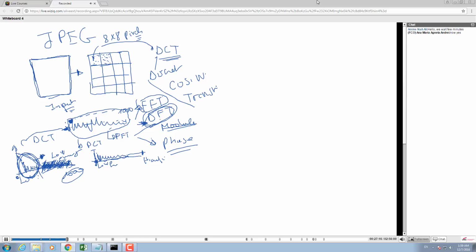So instead of dealing with 1,000 samples, we will keep maybe just 100 samples. If you keep 100 samples instead of 1,000, what does it mean? It's like you compressed by 10, instead of using 8,000 bytes, if we consider that each sample is 1 byte.